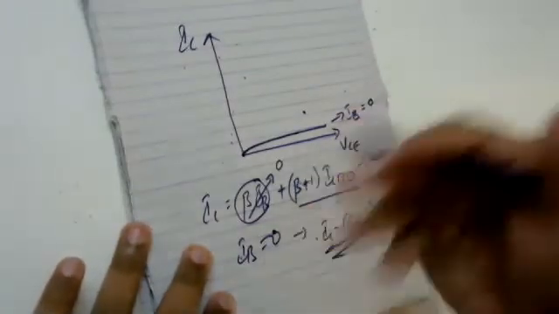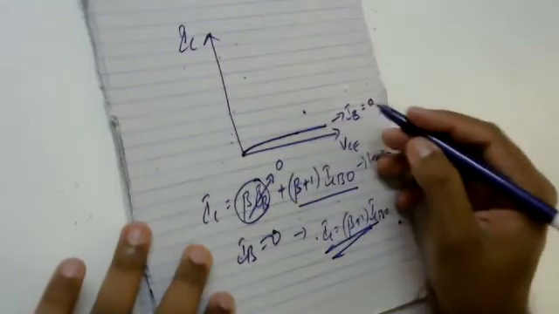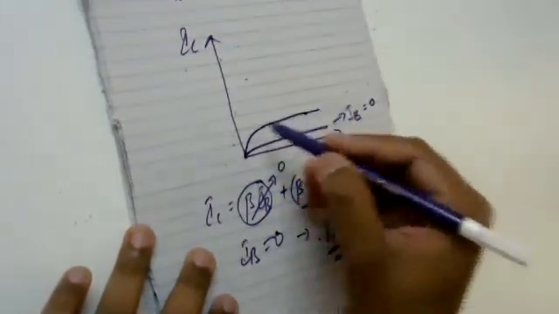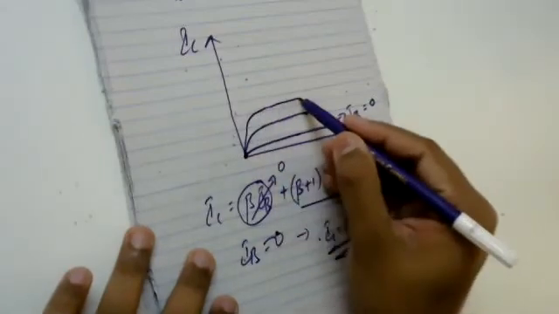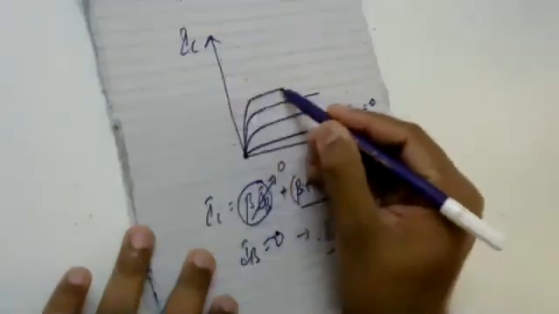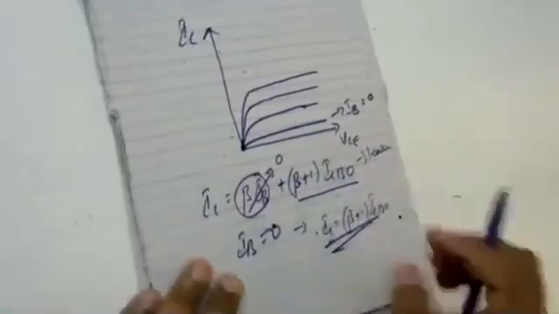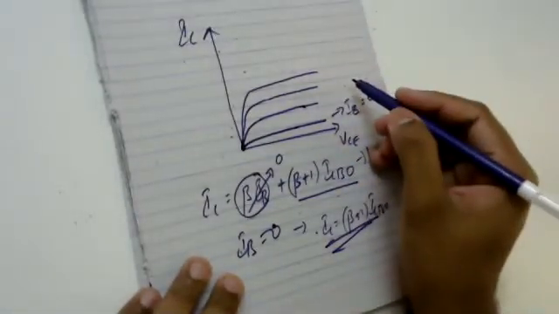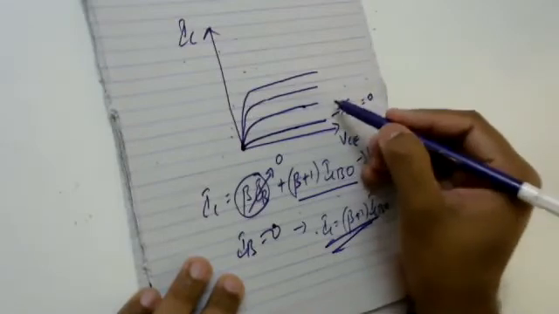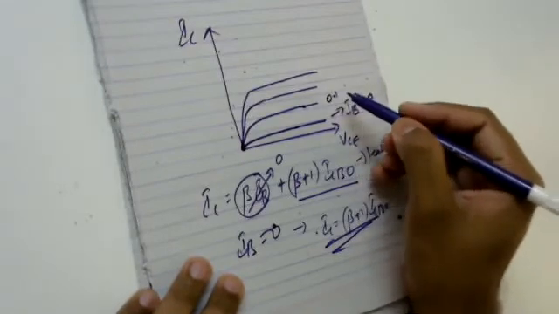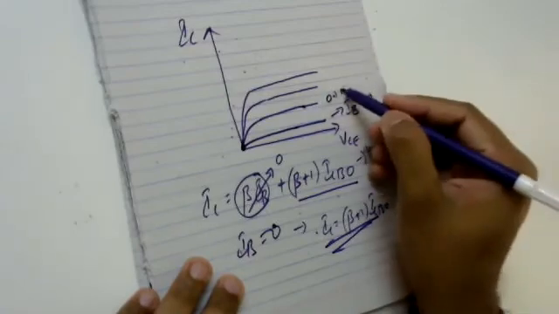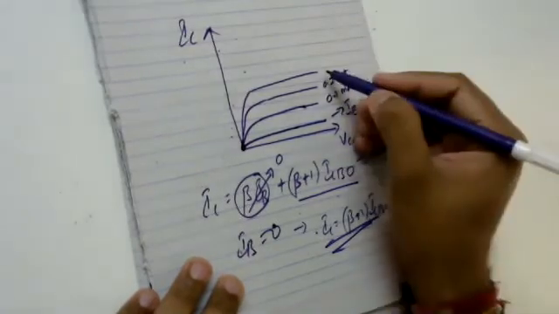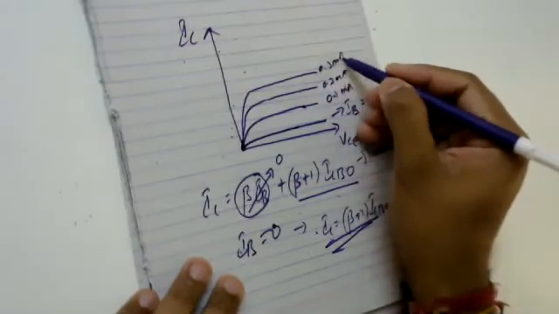Now, if I go on incrementing the value of IB in linear steps, then the response will be somewhat seen like this. The same response is being repeated for higher values of IB. So let me say that if the value of IB is 0.1 milliamps, this is 0.2 milliamps, this is 0.3 milliamps.